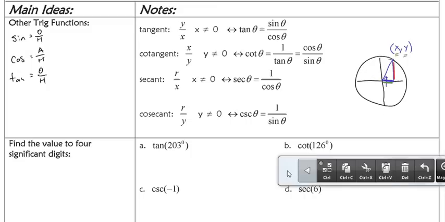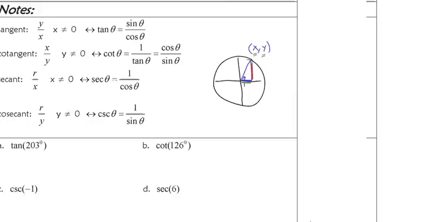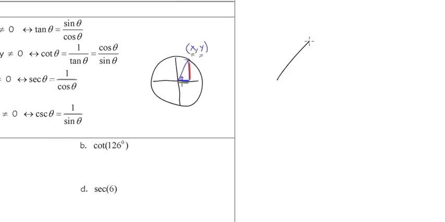If you think of our special right triangles, well, let's sketch them out real quickly. We would have either a 45, 45, 90 right triangle. So if this is 45 degrees, this is 45 degrees. This could also be in radians, but if this is 1, these are going to be square root of 2 over 2 and square root of 2 over 2.